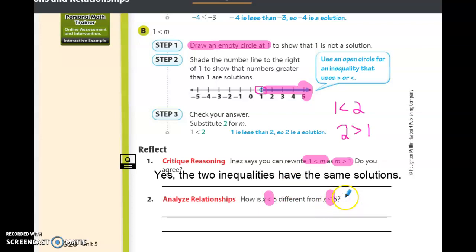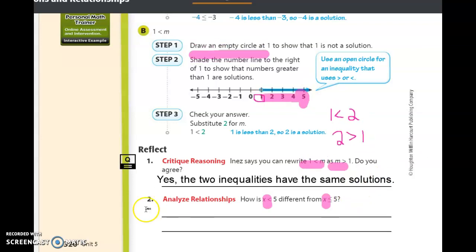So it means 5 could be a solution. So a good answer for 2 would be for x is less than 5, 5 is not a solution and is not included on the graph.